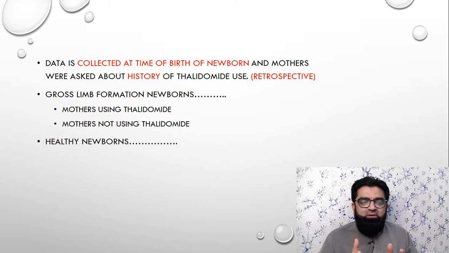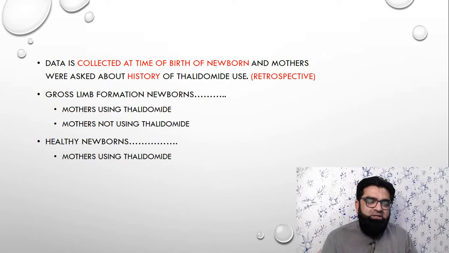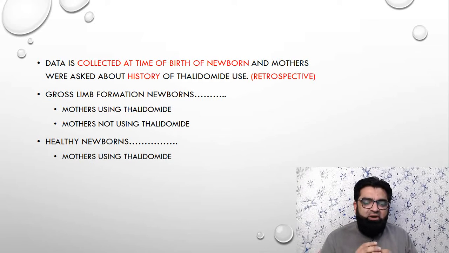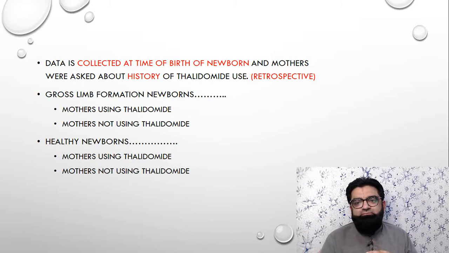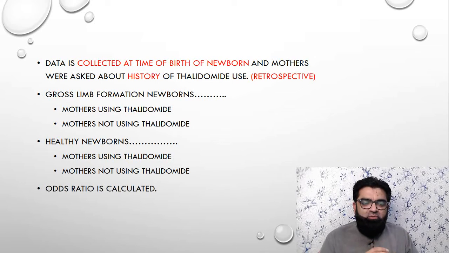Similarly, data is collected from healthy newborns as well, and their mothers have either used thalidomide or they haven't used thalidomide. And with this data we try to calculate the odds ratio.